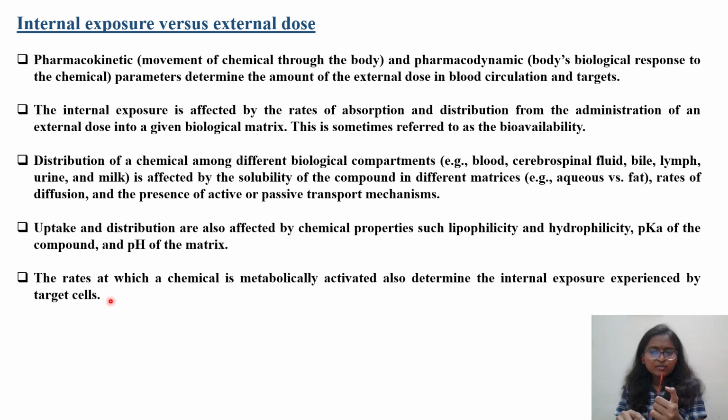There are solved examples where they have given stepwise how mg per liter is converted to mg per meter cube using the PV = nRT equation, based on the molecular weight of that particular chemical. Then finally, how you can convert to a dose in mg per kg by applying duration correction, like 5 days per week or 6 hours per 24 hours.